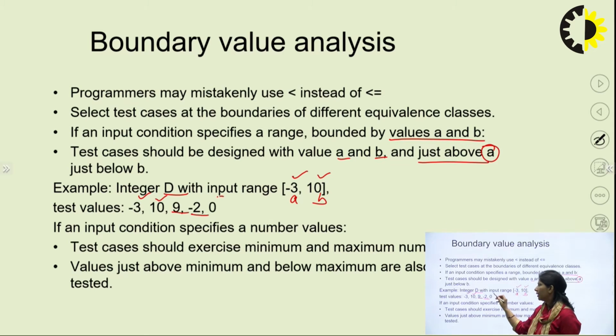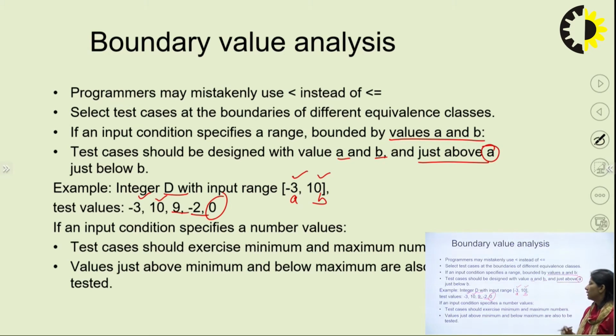We will also take 0 as a nominal value, since it can be any nominal value between -3 and 10. If an input condition specifies a number of values, test cases should exercise the minimum and maximum numbers, and the values just above the minimum and just below the maximum are also to be tested.